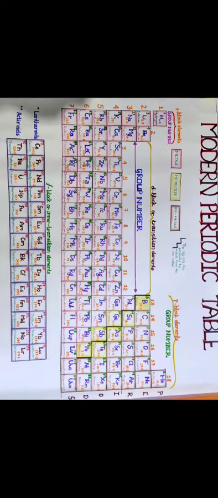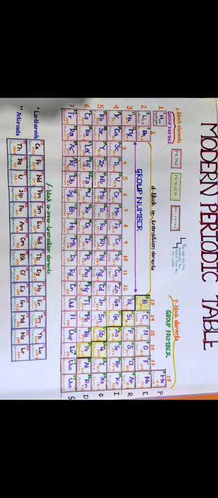Now if you look at metallic and non-metallic properties, we know that metals tend to lose electrons while forming bonds, that is, they are electropositive in nature, and non-metals are electronegative in nature because they tend to form bonds by gaining electrons.